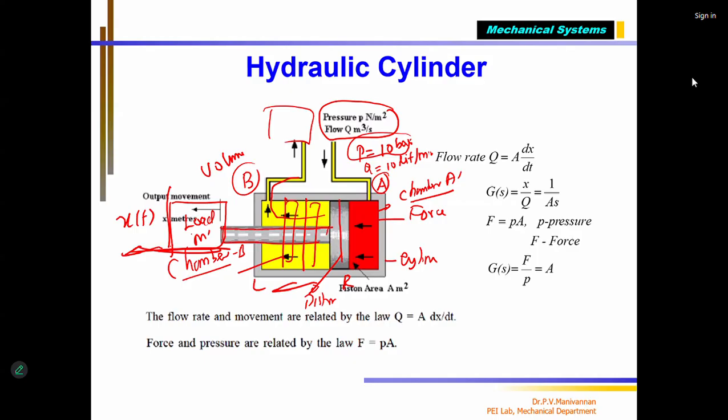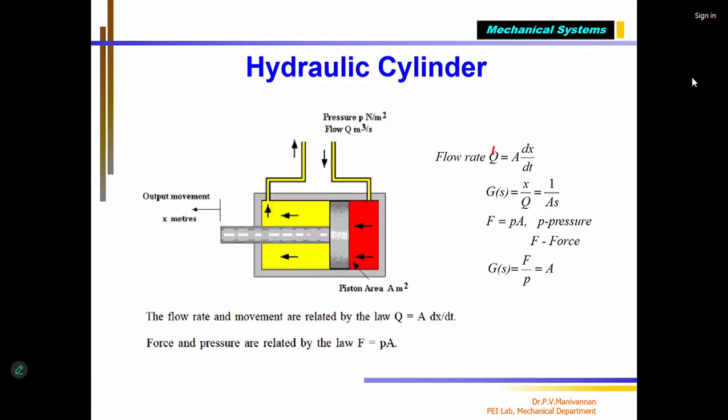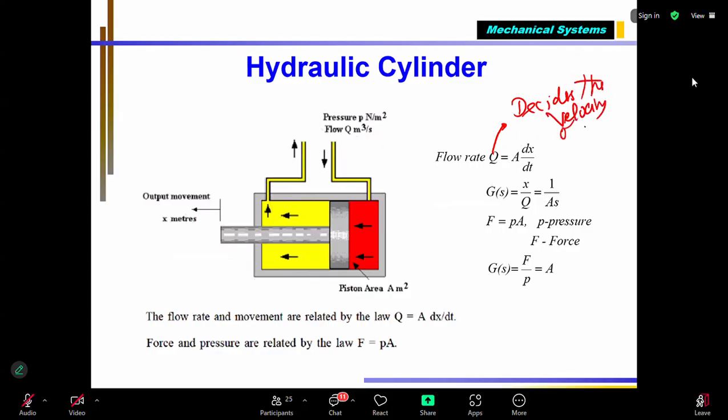As I told in the hydraulic motor, the flow rate Q decides the velocity of the piston. Automatically, piston moves means load moves with that velocity, because the load is connected here. So the load is moving towards this.